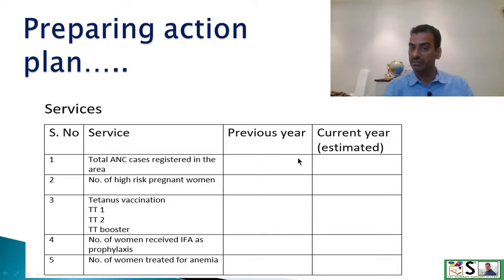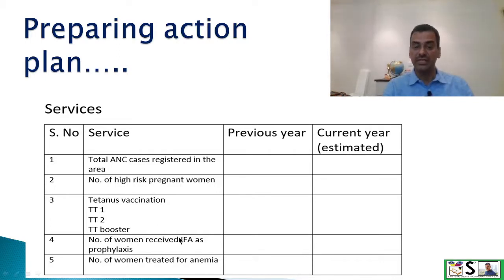So the previous year's number we will have in the record, and then the current estimated number. In the same way, number of high risk pregnant women, previous year's number and current estimated. Then tetanus vaccination, TT1, TT2, and if a booster is given, then how many in the previous year and how many in the current year.